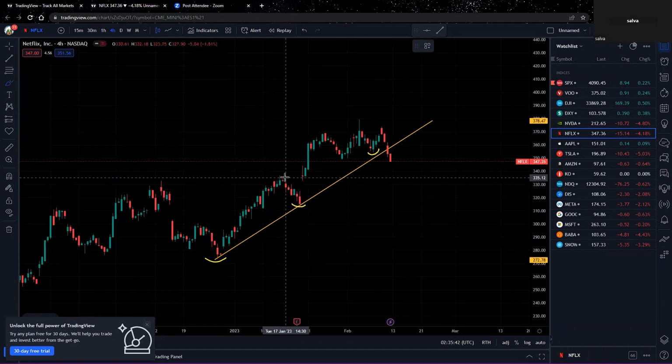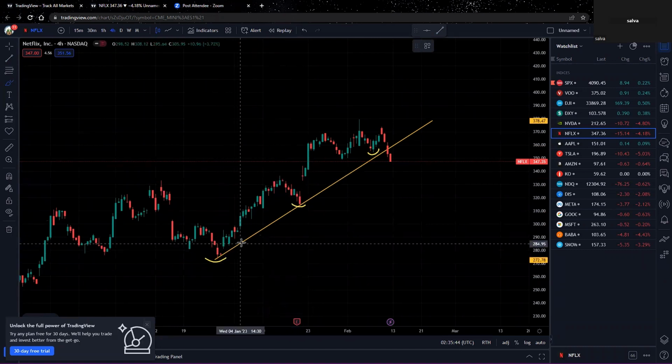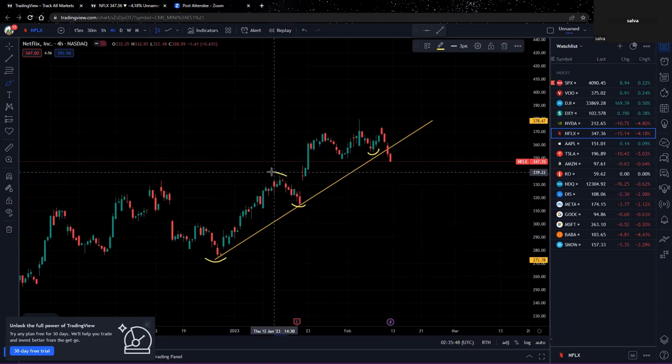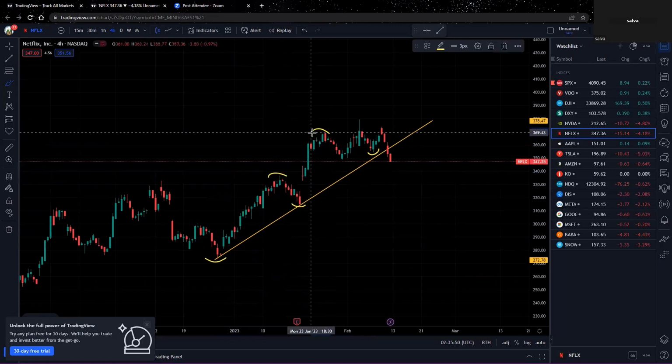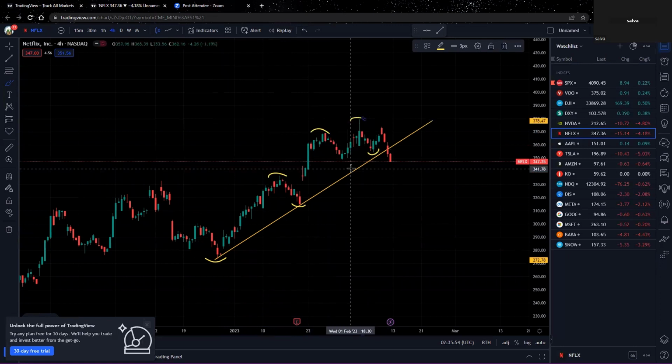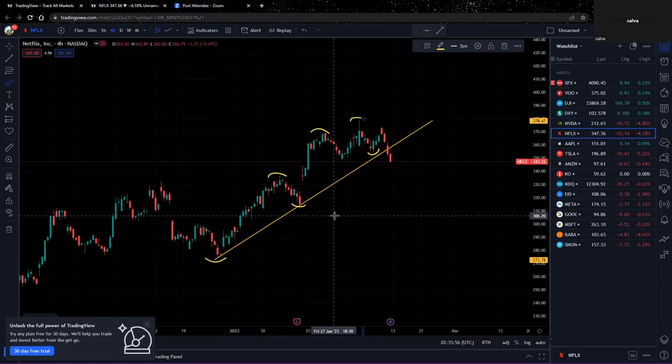But first, let's identify the higher highs. So this one right here and right there. Perfect. And those are the key higher highs. These are the ones that would make you pay attention and go, okay.